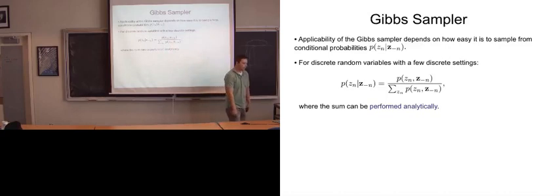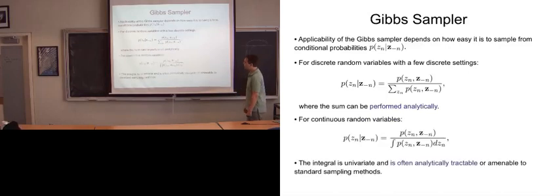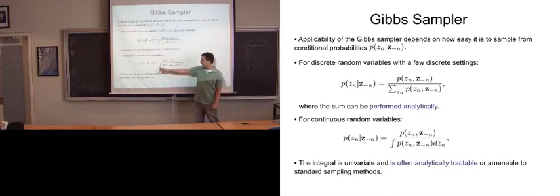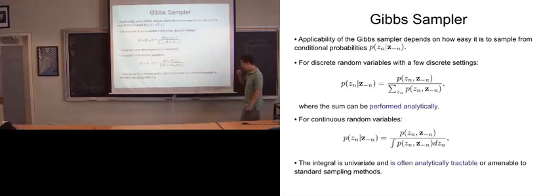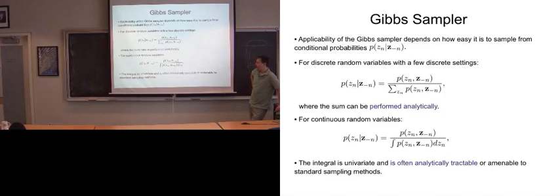Typically a random variable might have 100 states, which is okay; you can sum over 100 values. For continuous random variables, the conditional is given by this expression, and you have to be able to compute this integral. The integral is typically univariate and often analytically tractable, depending on the models, or you can adapt it to standard sampling methods. Whenever you're dealing with one-dimensional integrals, it's okay.